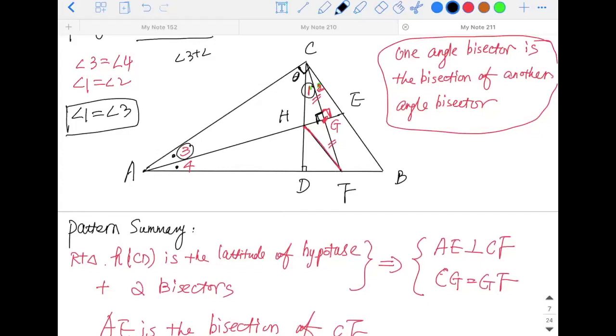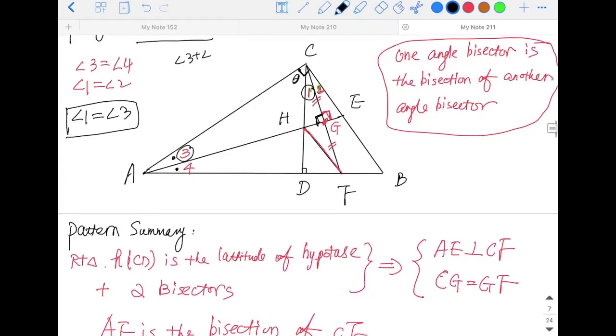Angle 3 equals to angle 2. Oh, yeah, of course. You can do it this way. Yes, that's actually easy.